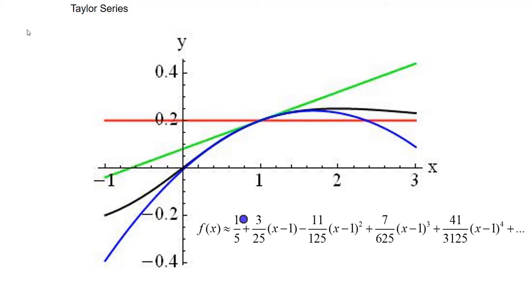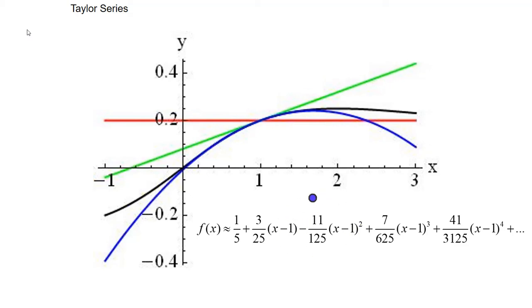In green, a fifth plus 3/25 of x minus 1. This is a first order Taylor series approximation. It's equal to the function at 1, and it has a derivative equal to the derivative of the function at 1. It is the tangent at 1.